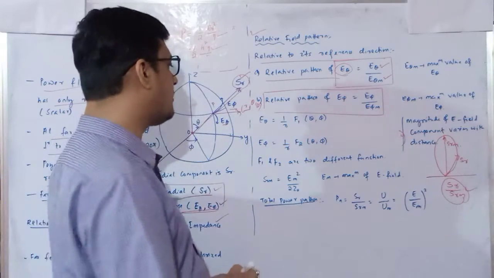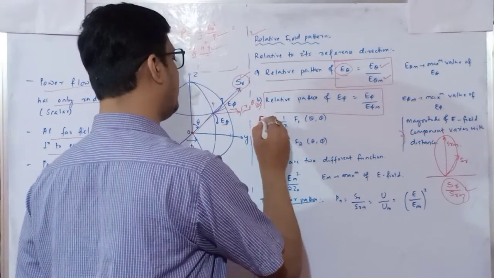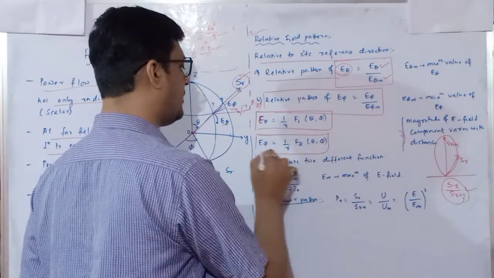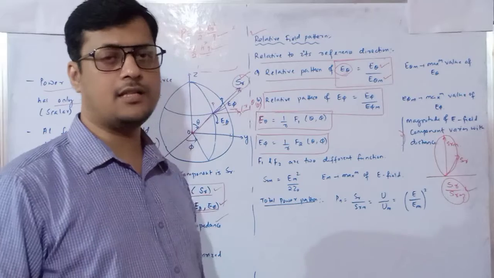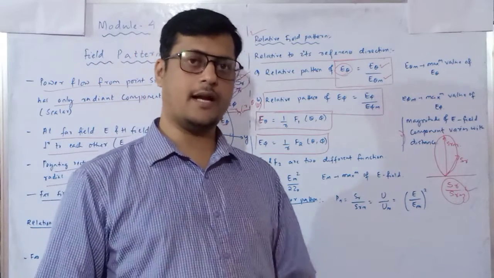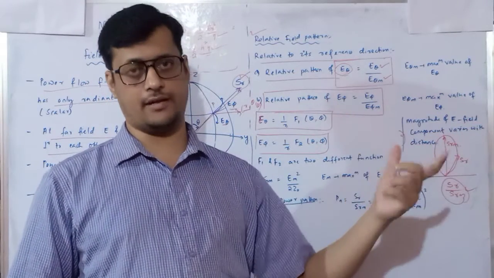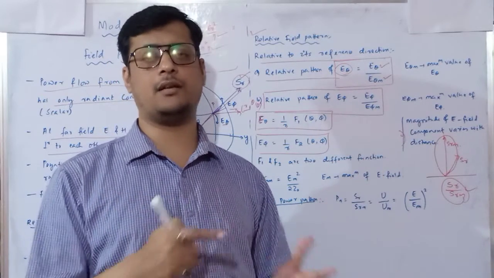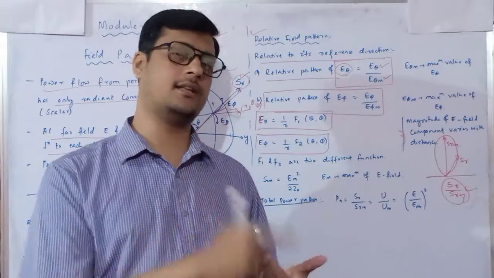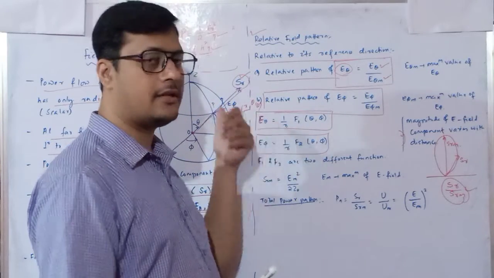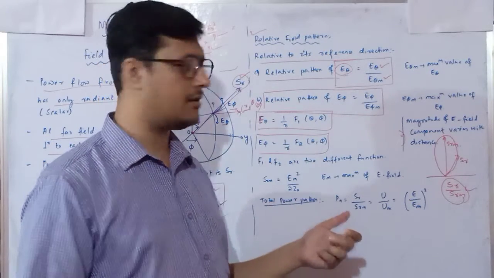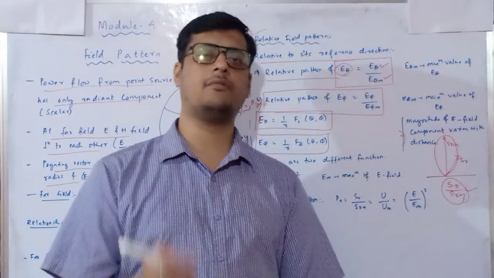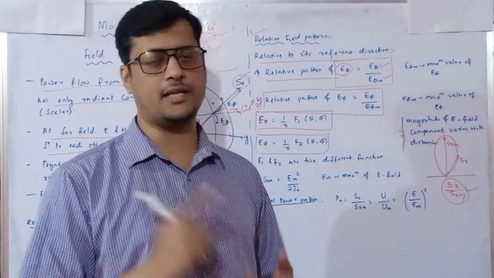Let's see. There are two transverse electric fields, one is E theta and one is E phi. Now E theta is inversely proportional to R and a function of theta and phi. So F1 is a function dependent on theta and phi, but E theta is inversely proportional to R. Similarly, E phi is also inversely proportional to R, where F2 is another function that depends upon theta and phi.